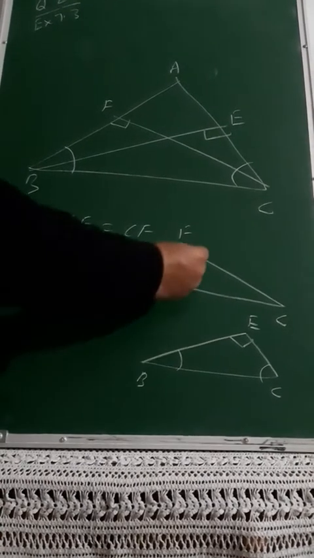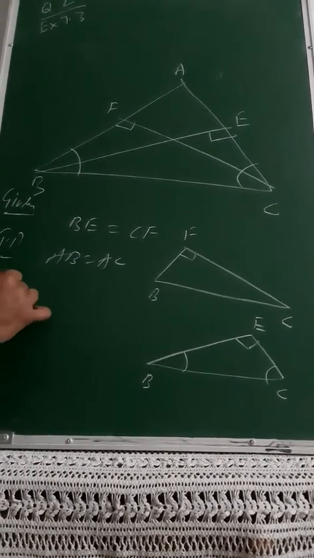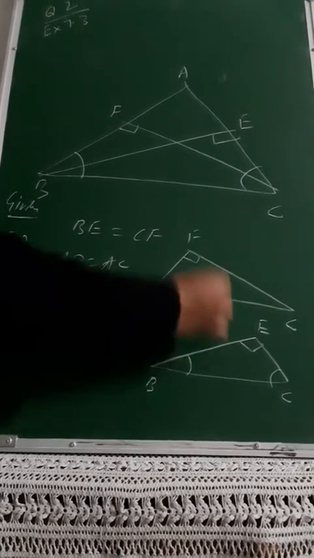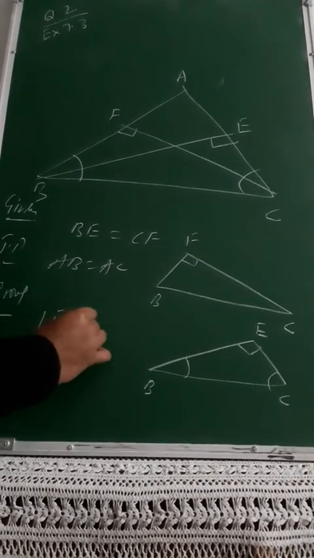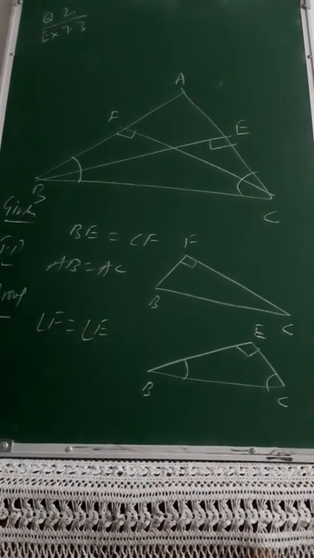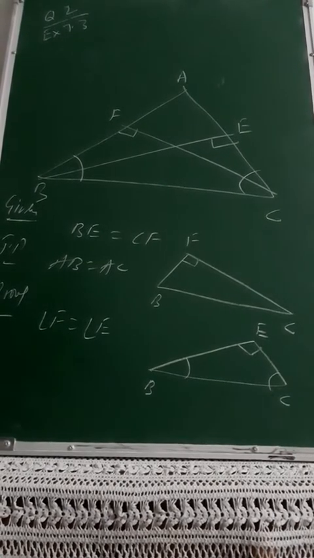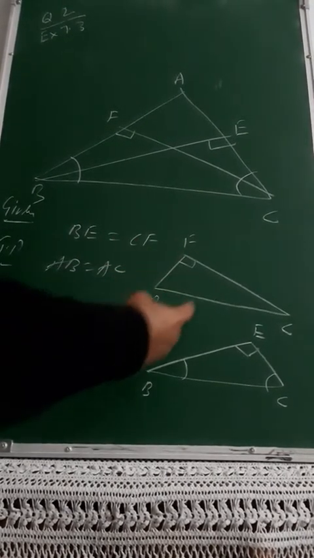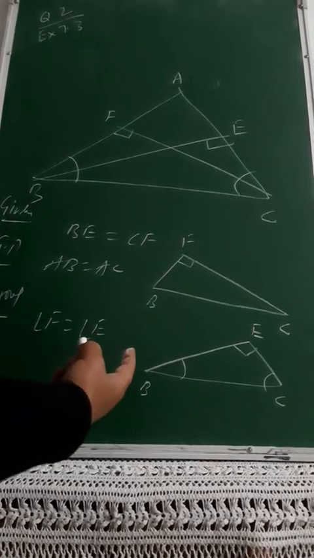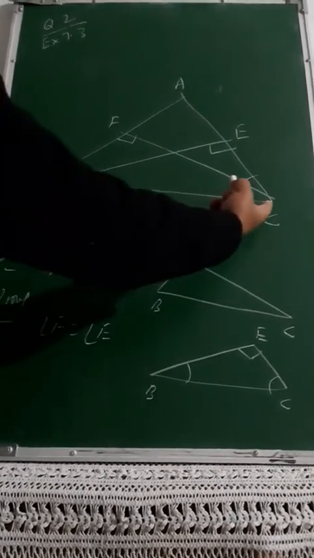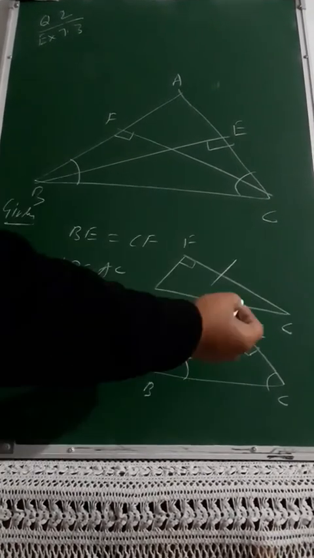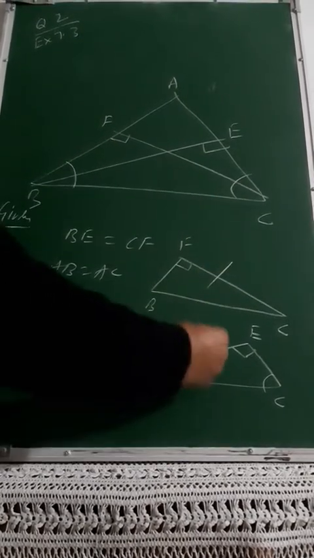Why? Because here when you are going in your proof, you see in these two triangles, angle F is equal to angle E, 90 degrees each. Altitudes are given equal, that is CF is the one altitude here, and BE is the other altitude here.